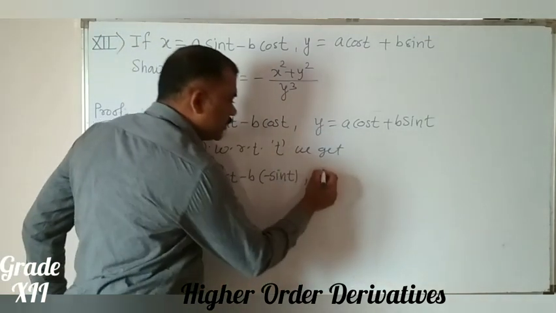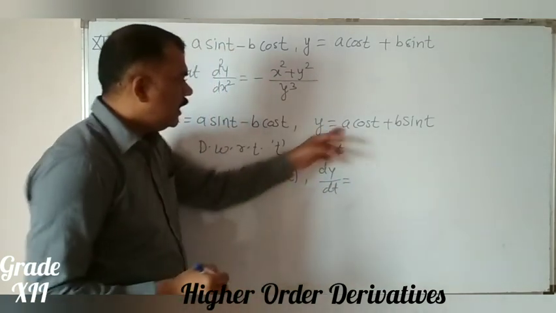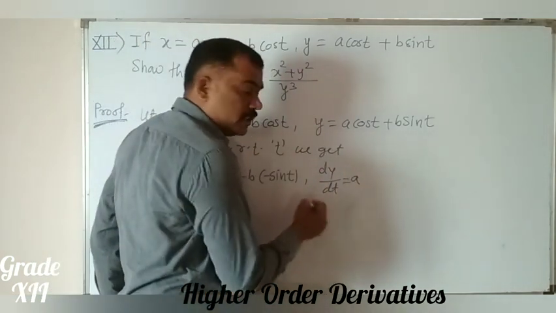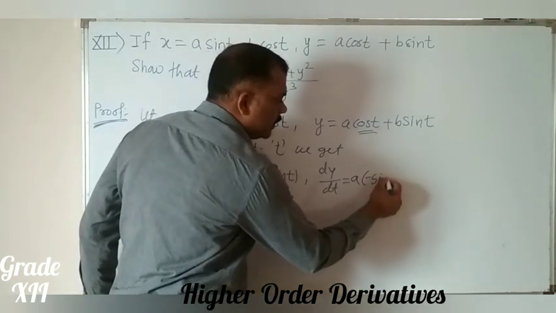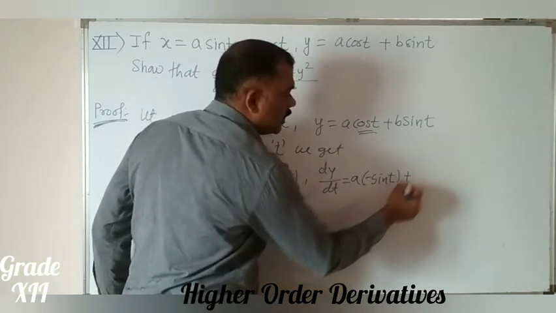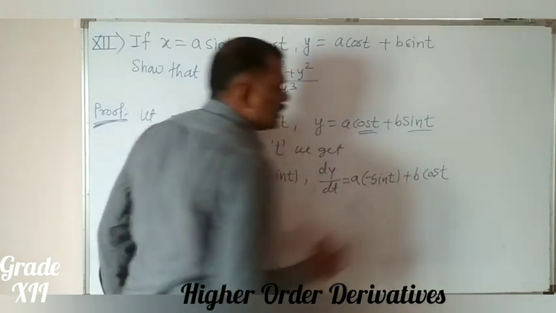Okay, here differentiation of y with respect to t is nothing but dy by dt. A is a constant, so we have to take it outside the derivative. Differentiation of cos t is nothing but minus sin t, plus b into differentiation of sin t is nothing but cos t.